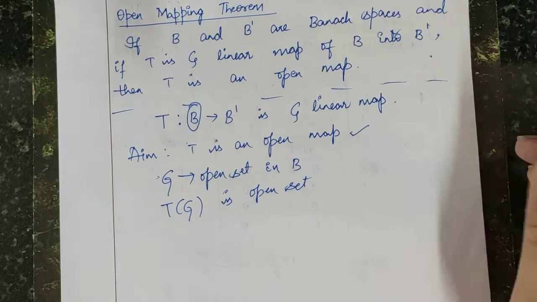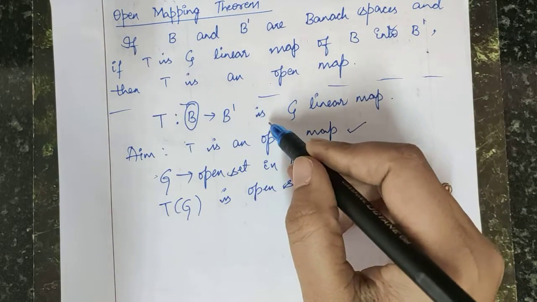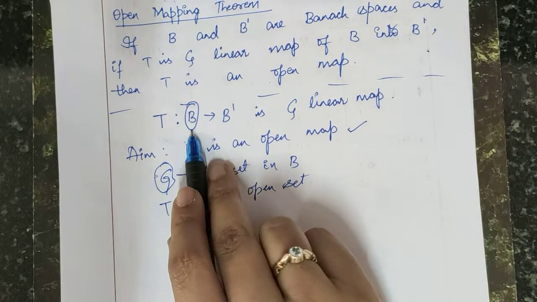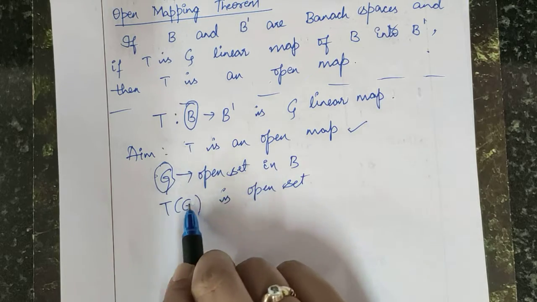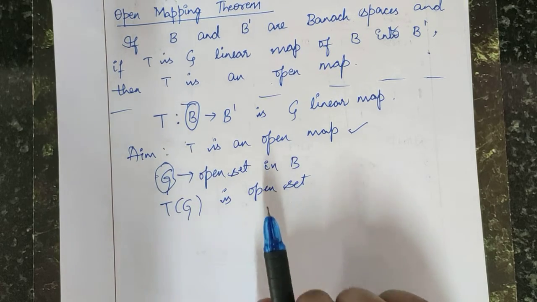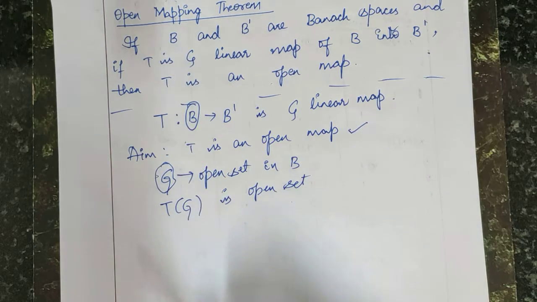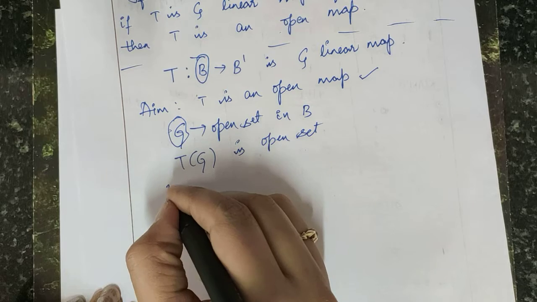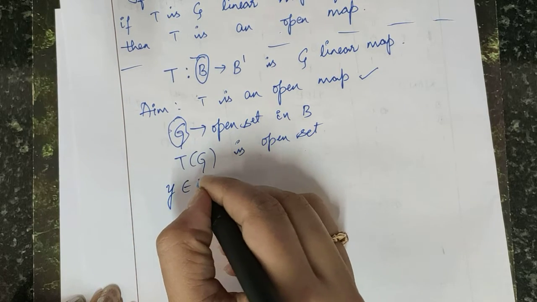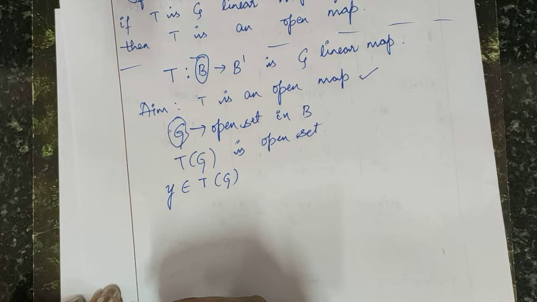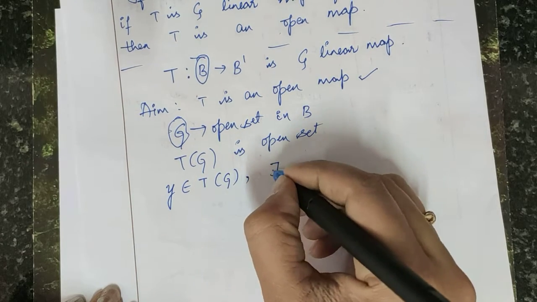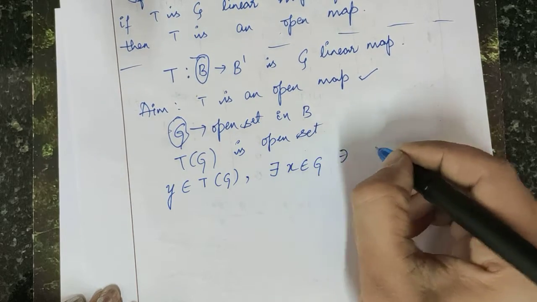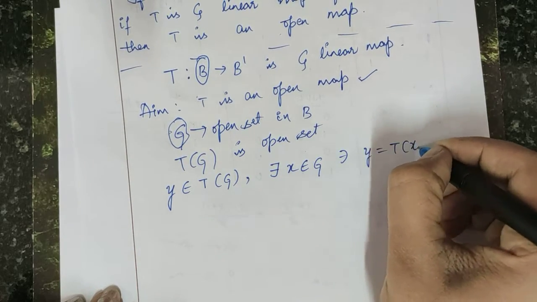So first I am considering an open set in B. Then if I prove T of G is also an open set, that means T is an open map. Now let us consider a point, say y, which belongs to T of G. Then there exists a vector x in G such that y is equal to T of x.